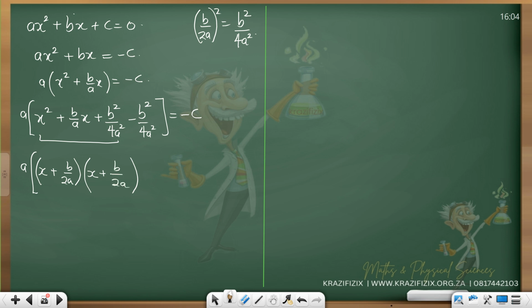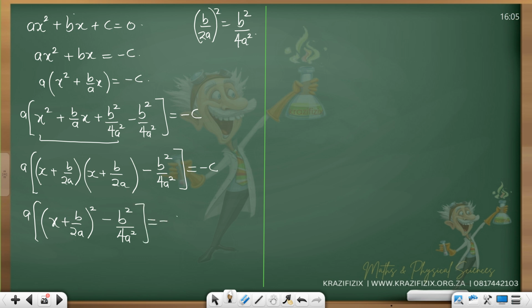Minus, remember, we drop this. But everything is still equal to what? Negative c. What is this? Same bracket. B over 2a squared. Is that fine? Minus b squared over what? 4a squared equals to negative c.